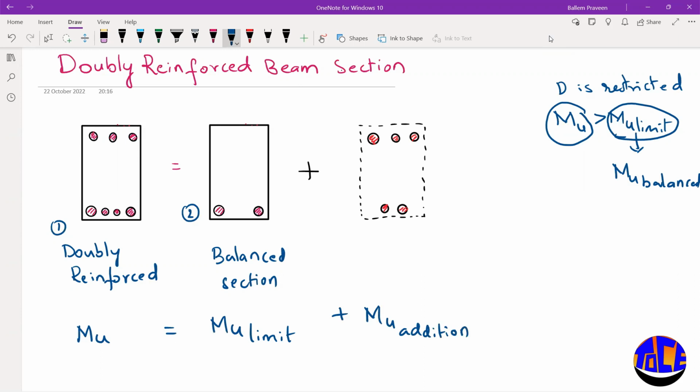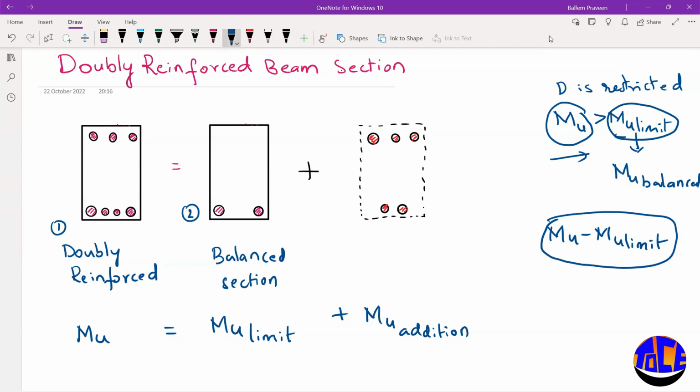Mu greater than Mu limit ఉందంటే దాని అర్థం ఏంటండి? కొద్ది ఎక్సెస్ మూమెంట్ ఉంది అని. సో ఆ ఎక్సెస్ మూమెంట్ ఎలా అనుకుంటున్నాం అంటే Mu minus Mu limit చేసాం అనుకోండి, we'll get the excess moment, right? సో ద అడిషనల్ మూమెంట్ ఎలా కనుక్కోవచ్చు? Mu minus Mu limit. So this Mu minus Mu limit represents this figure.